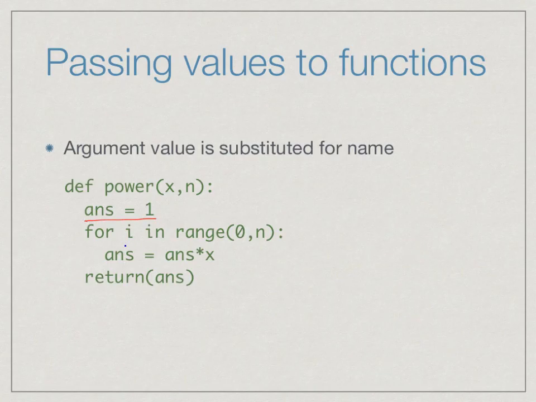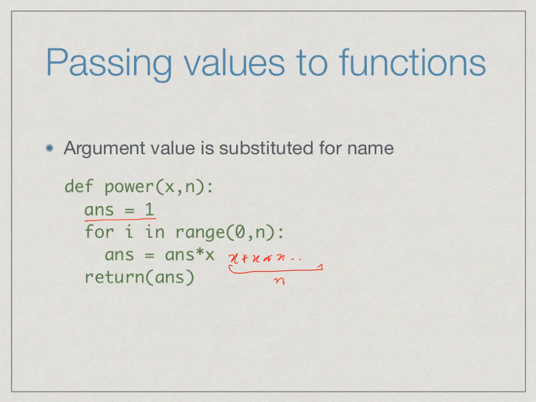And now for as many i as there are in the range 0 to n minus 1, we multiply x into answer. So we get effectively x times x times x, n times. Each time we go through this loop, we multiply one more x. And finally, we return the answer that we have got.